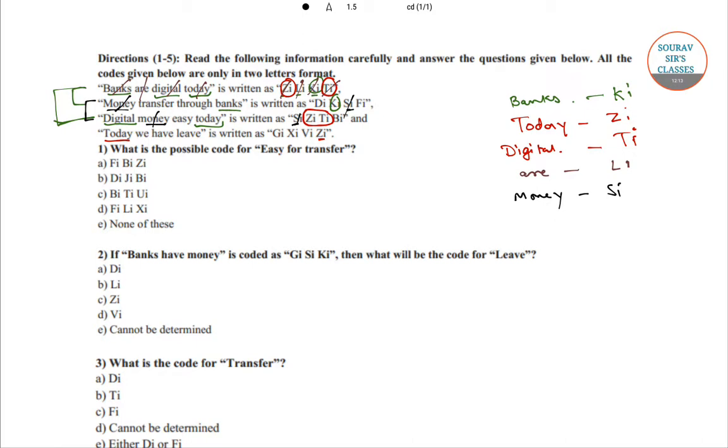So money is coded as SI, and digital today is coded as this. So we only have easy and BI. So easy is coded as BI.